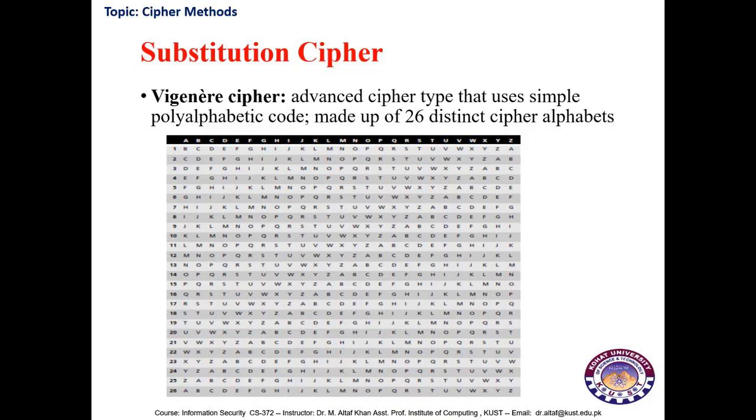In each subsequent row, the alphabet is shifted one letter to the right until a 26 cross 26 block of letters is formed. With the help of this diagram, we can convert a plain text to the cipher text. To understand the Vigenere cipher, we will now use some examples in our next slide.